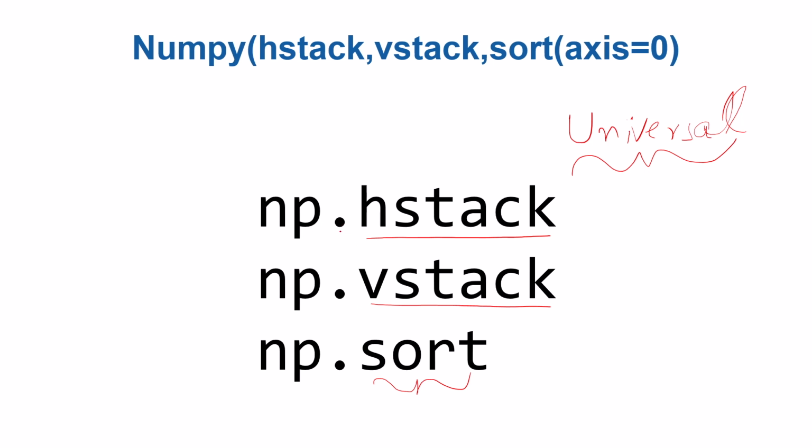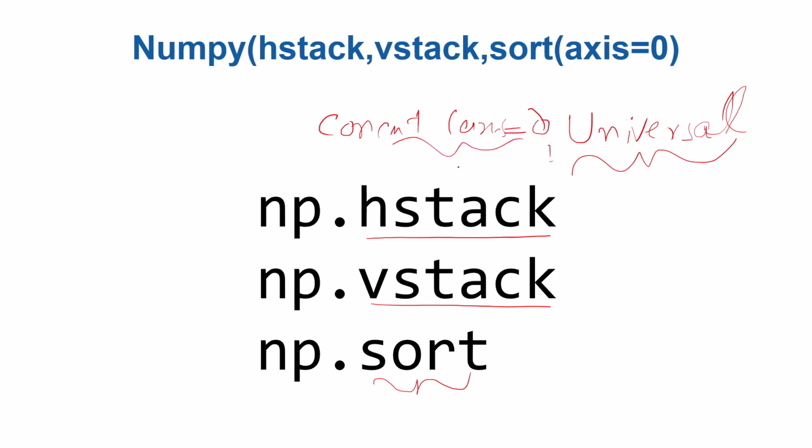Whenever a universal function is available, use that, because its efficiency will be way more than whatever loop or function you write yourself. By the way, there is another function, concatenate, in which you can specify the axis, and it will act either as horizontal stack or vertical stack, depending upon whether the axis value is 0 or 1.